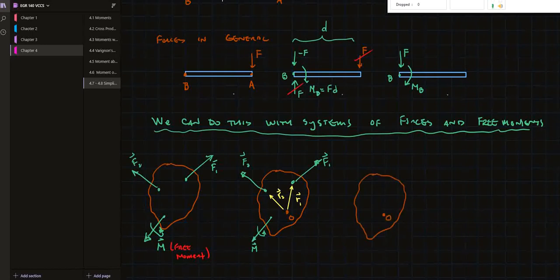I could then slide each of these forces here. This one's pointing in this direction. This is a free moment. I can slide it anywhere in here, so I'll slide it here also.